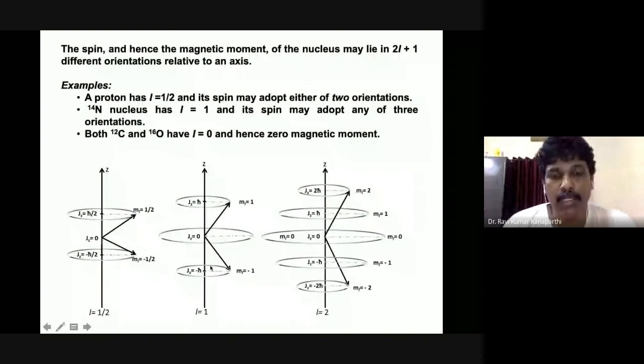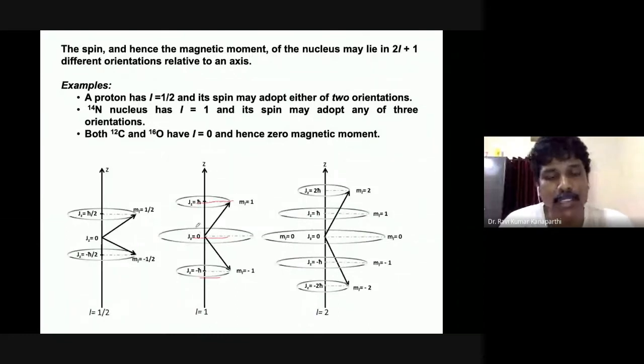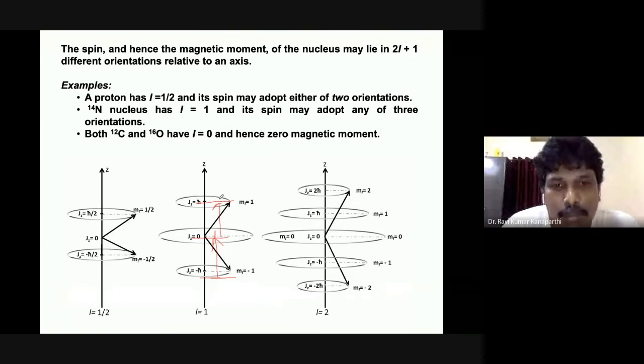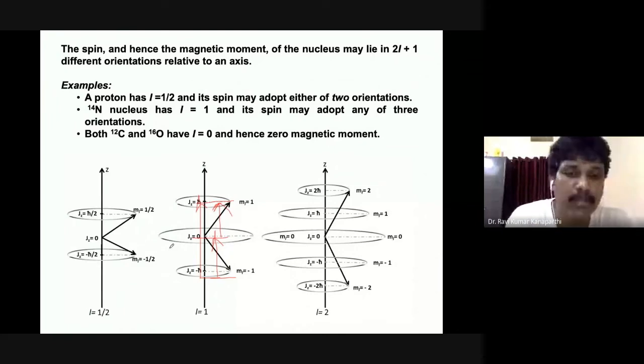Now, how many transitions are there? If you consider one as the ground state and another as the middle state, this transition is possible, from here to here one transition is possible, and there is another transition possible. There are three different transitions, so such a spectroscopy is going to be much more complex, isn't it?